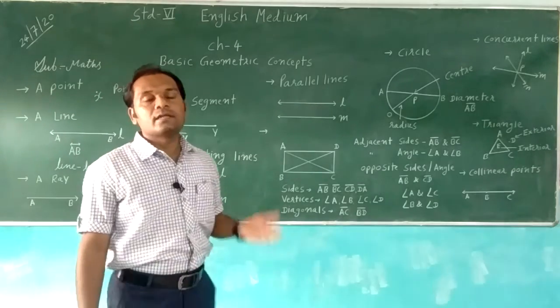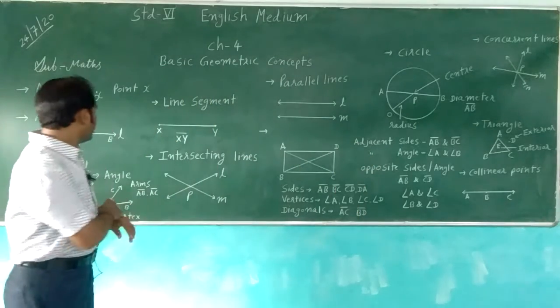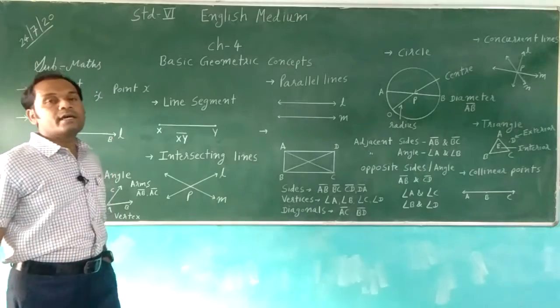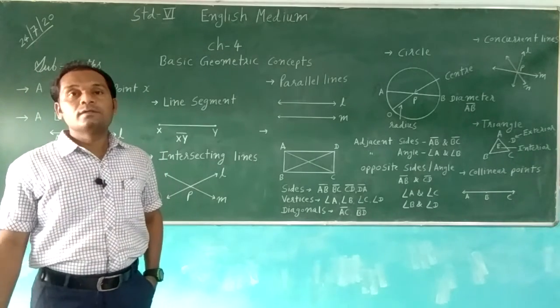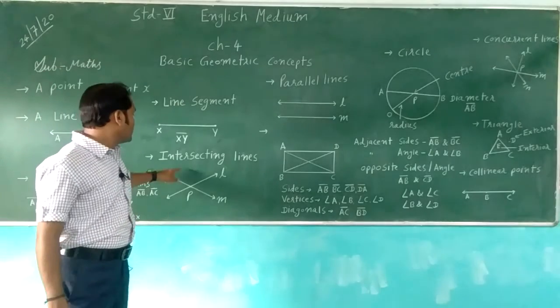Now next thing is intersecting lines. Two lines are meeting at one point. They are crossing at one point. This is called intersecting lines.